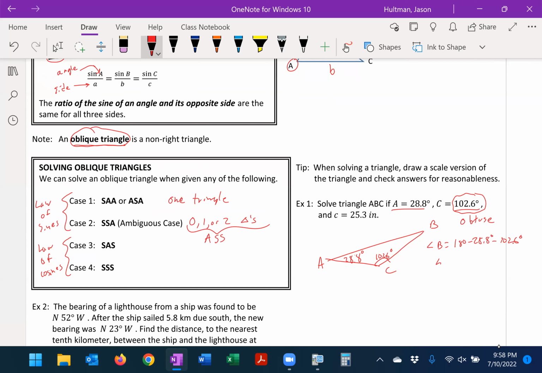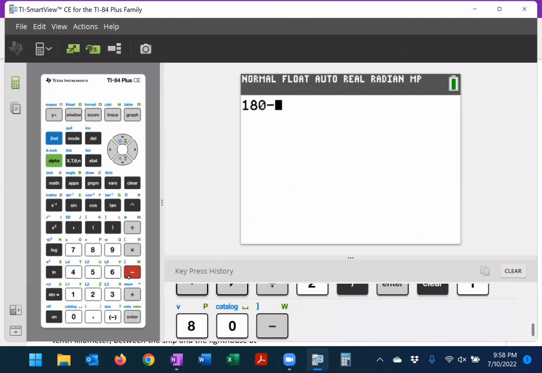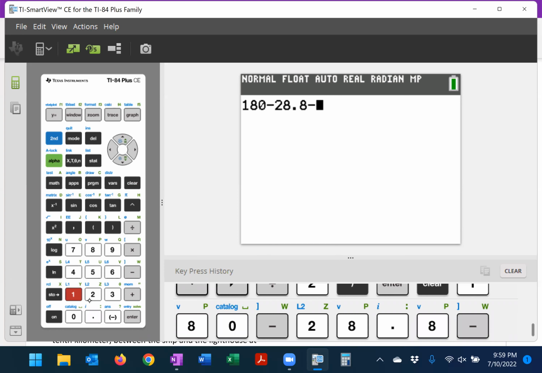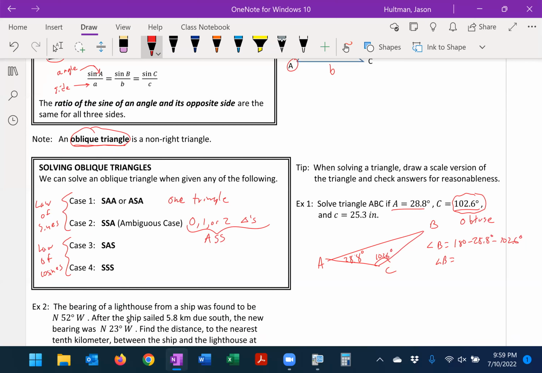Taking 180 minus 28.8 minus 102.6 will give us 48.6 as angle B. So angle B is 48.6 degrees.